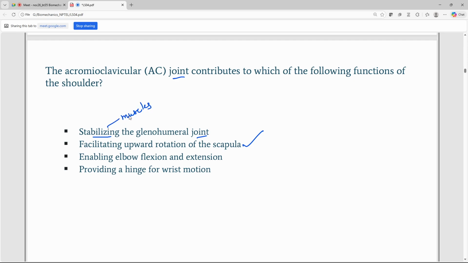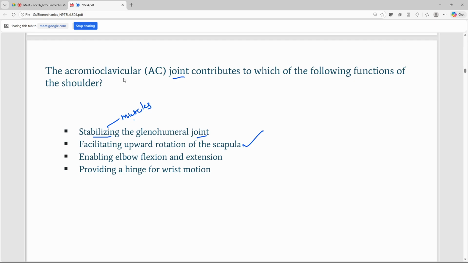Last week we also discussed supporting muscle groups and which muscles help in which motion. Stabilization, anchoring, all those functions are done by muscles on the joint.